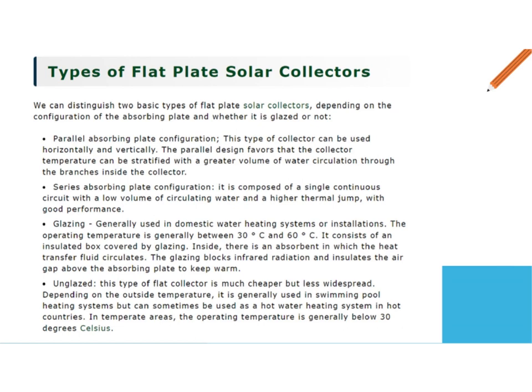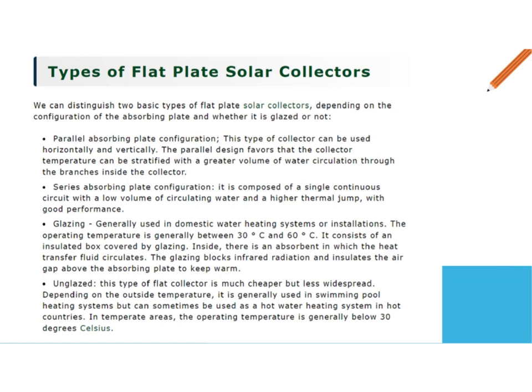The parallel design means the collector temperature can be stratified, with a greater volume of water circulating through the branches inside the collector. Series absorbing plate configuration is composed of a single continuous circuit with a low volume of circulating water and a higher thermal jump with good performance.